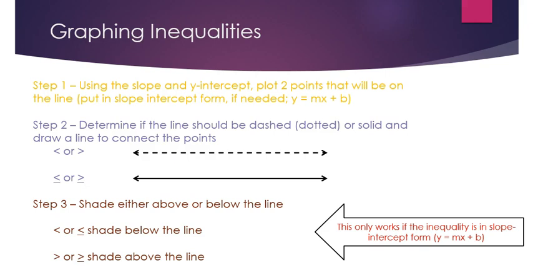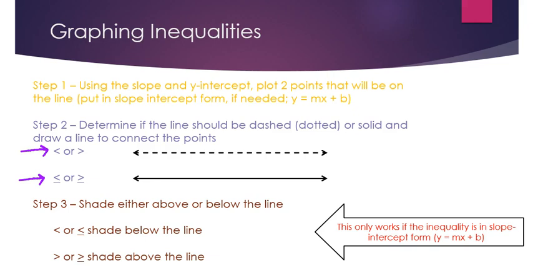An inequality graph is either going to be a dotted or a solid line, okay? Now, the way you know what to do is you look at your inequality sign. And when I say inequality sign, I am talking about these. Okay? So when we are talking about whether it's going to be a dotted or a solid line, you're going to be paying attention to whether or not there is a line underneath your inequality.